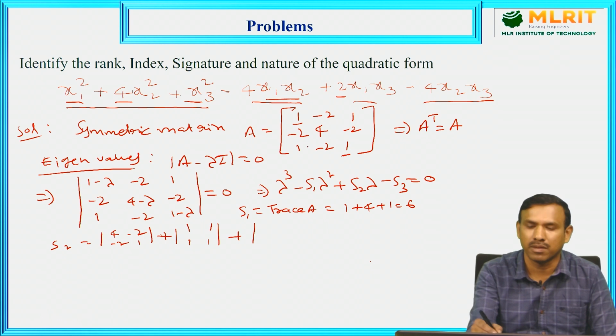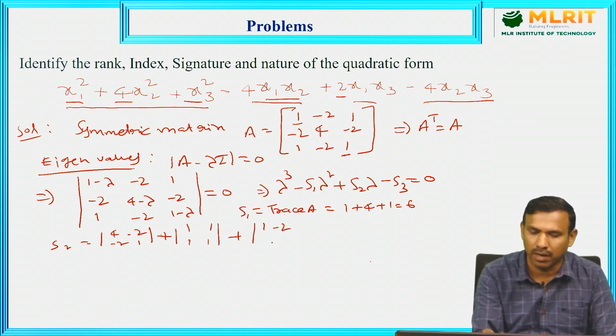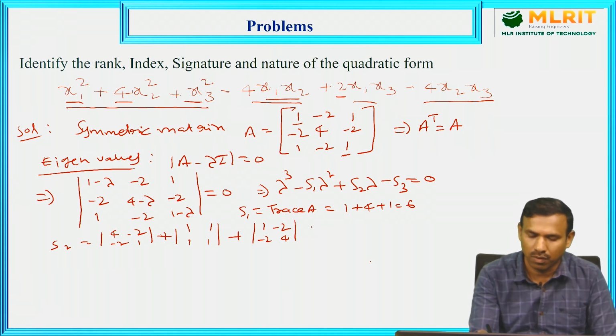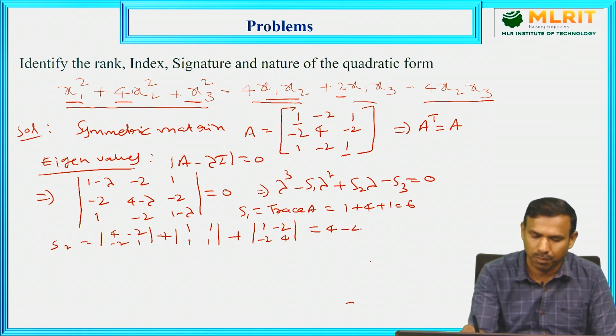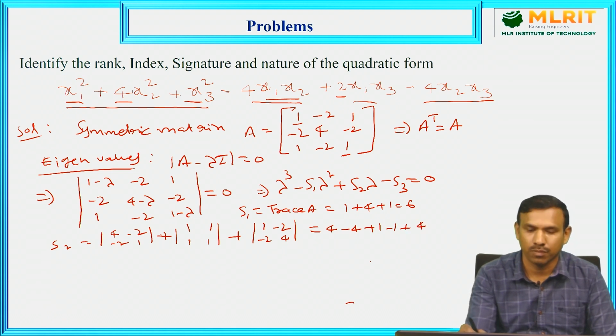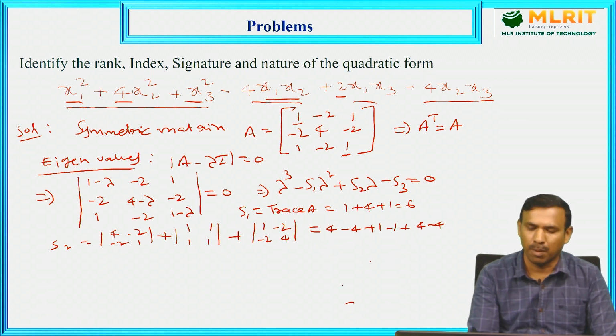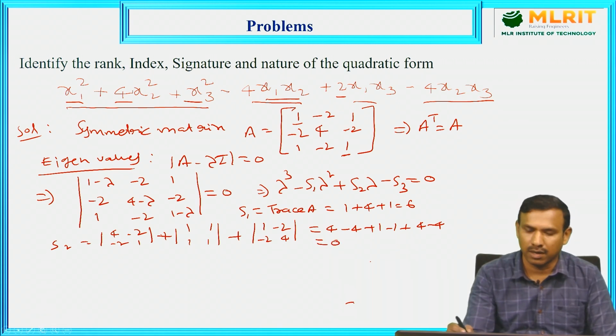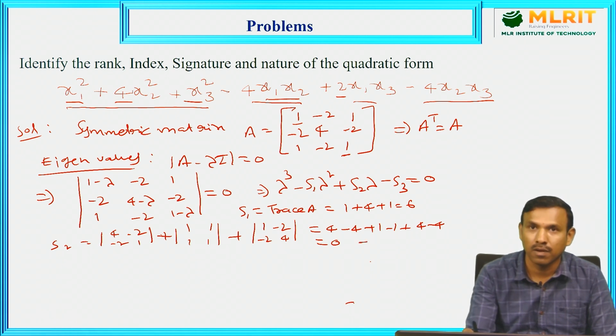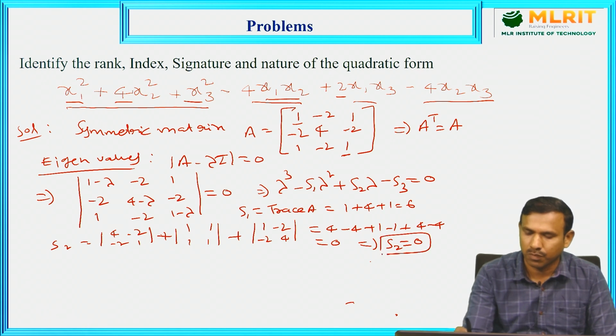Leaving the third row and column, the remaining determinant is 1, minus 2, minus 2, 4. We discussed all this in the eigenvalue problems. This gives 4 minus 4, plus 1 minus 1, plus 4 minus 4, which completely is 0. So S2 is 0, and we already got S1 equal to 6.